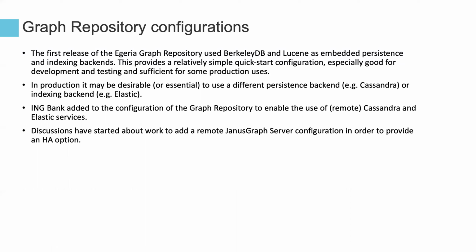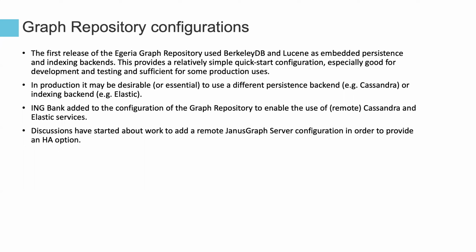However, it may also be desirable to use different ones. So for example, ING Bank have already extended the Egeria graph repository so that we can configure it to use Cassandra, and we can use Elasticsearch as alternatives to Berkeley and Lucene. And they use remote services, so they've got a Cassandra service, they've got Elastic services.